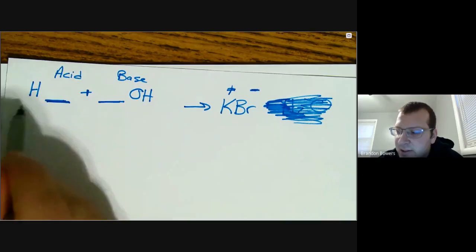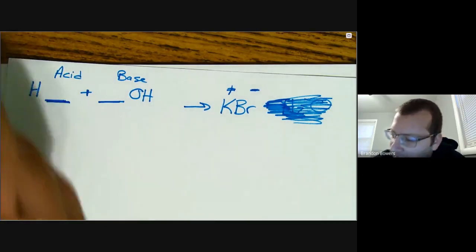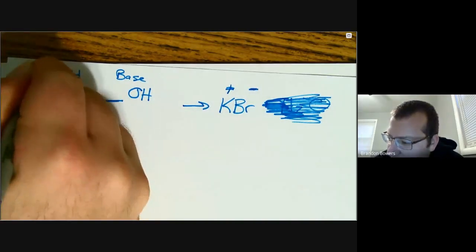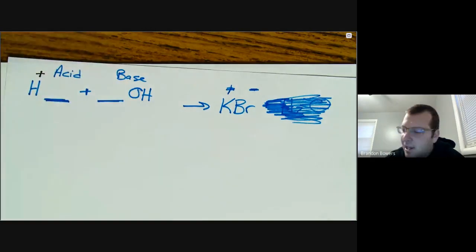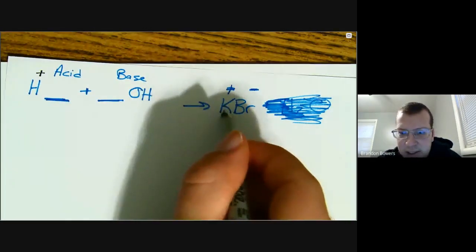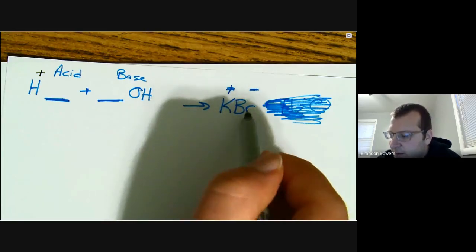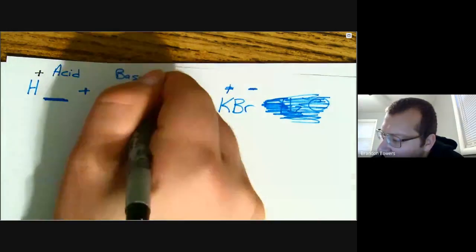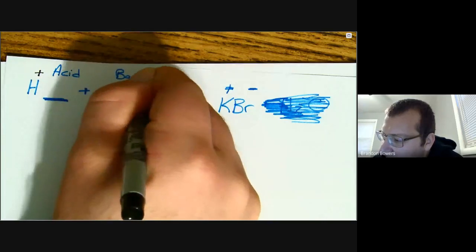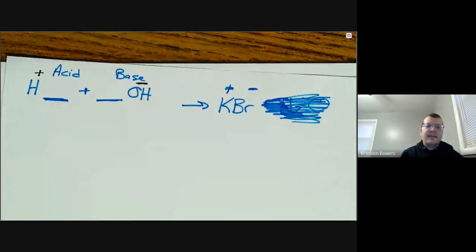H comes first, so H is positive. Any element that comes first is positive, just like K is positive, which means Br is negative. That means my OH is negative.